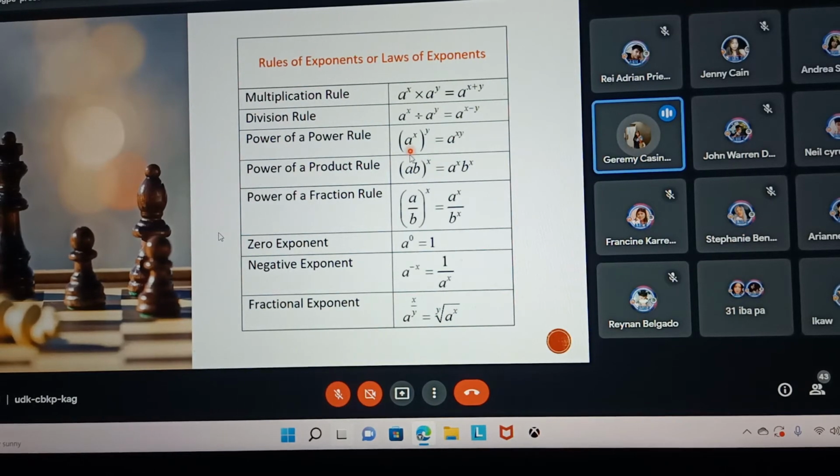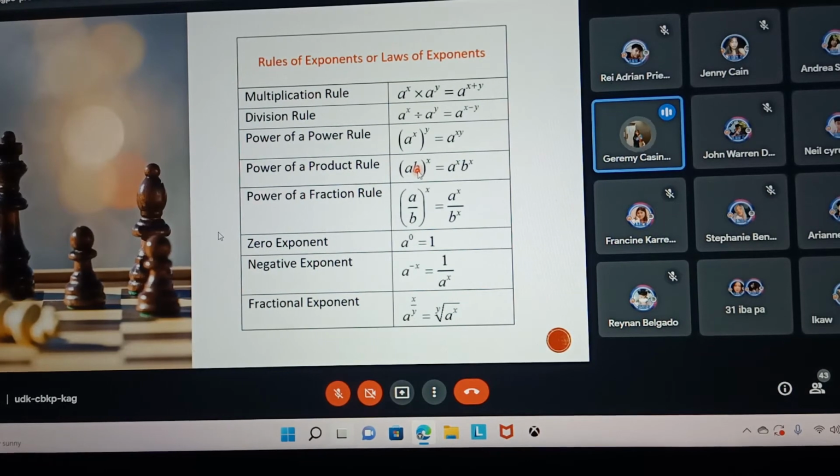Kung ano yung value ng exponent natin sa labas, i-distribute natin dito sa two variables. Kaya naging a raised to x and b raised to x. For example, we have quantity x and y, quantity raised to 2. So, magiging x squared and y squared.